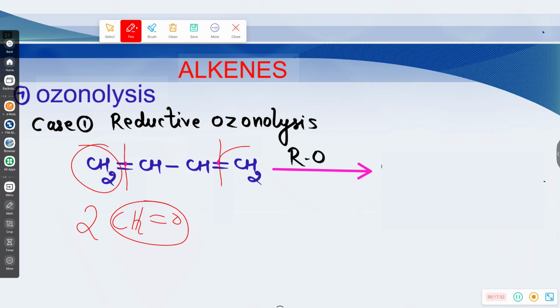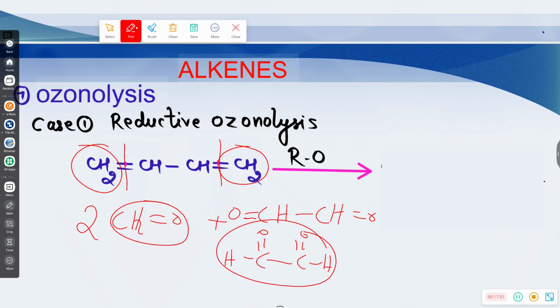This is formaldehyde. And this one means here double bond O, here double bond O. For understanding I am telling, double bond OH, double bond OH, like that. Simple, because the double bond breaks and oxygen attaches.